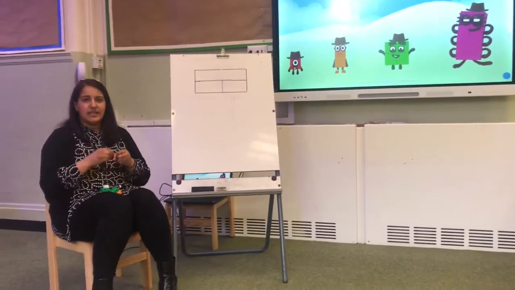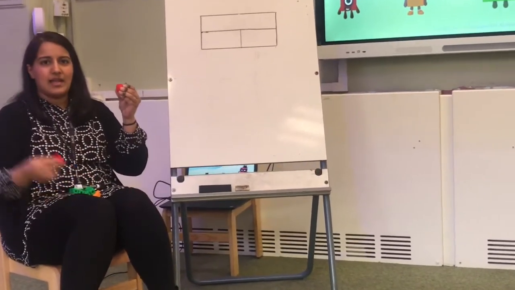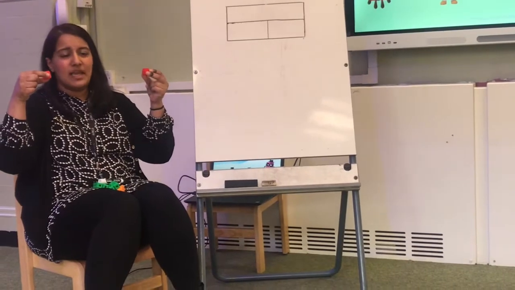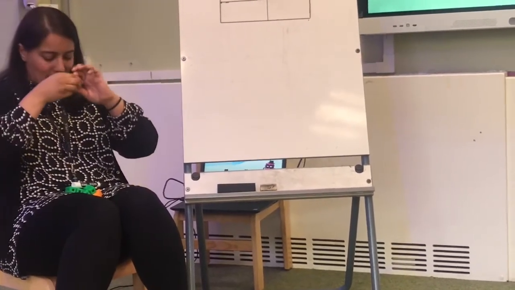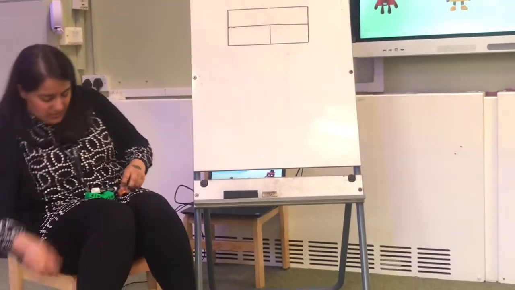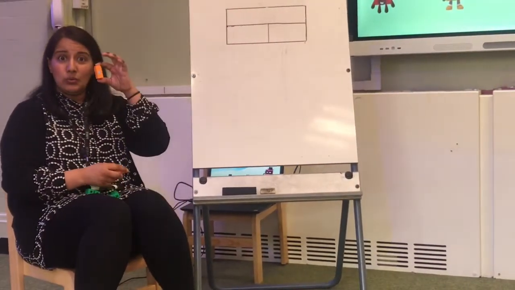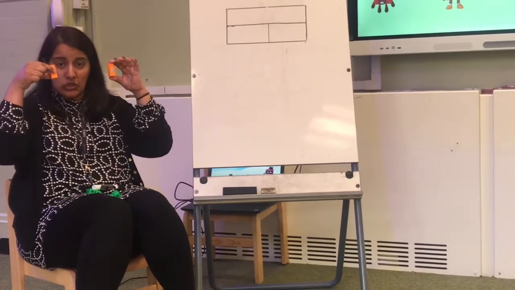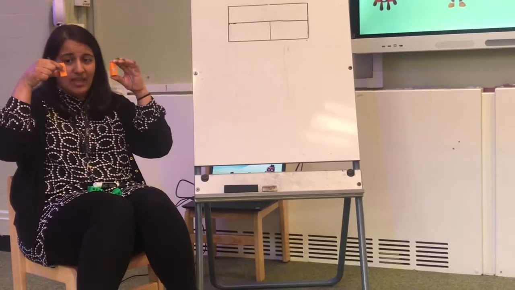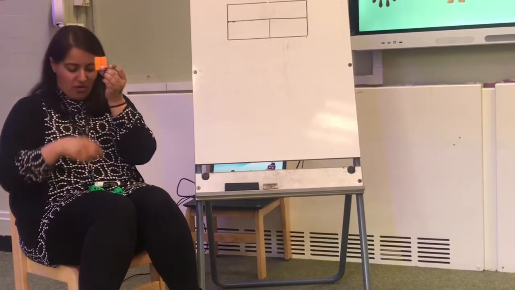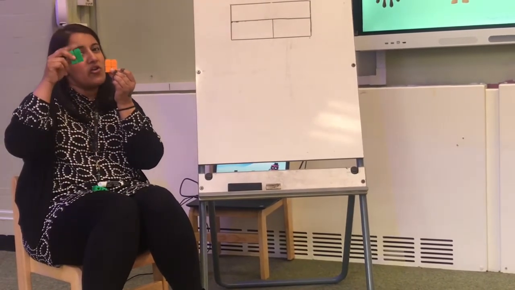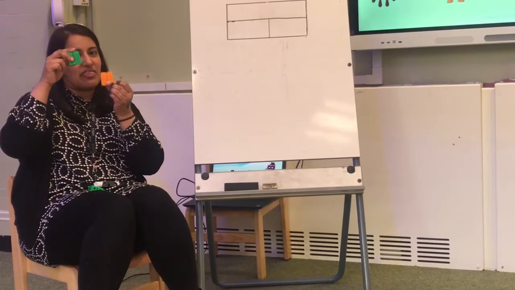So yesterday we did 1 add 1, same numbers, equals 2. Well done. And then we did 2 add 2, again same numbers, equals 4. But then we know that the 4 number block looks like this.